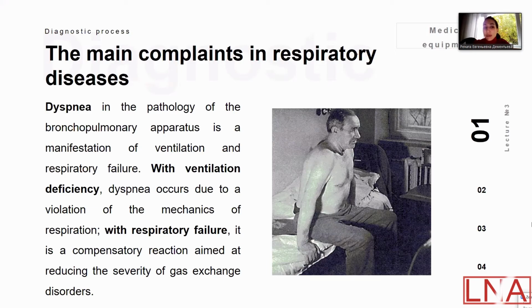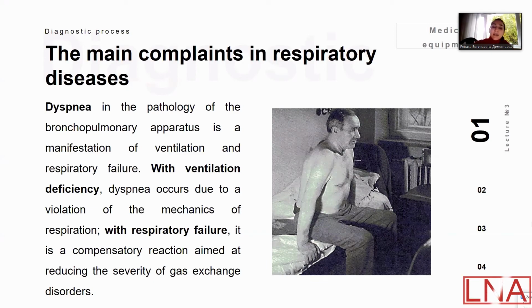Look at this picture. Dyspnea in the pathology of the bronchopulmonary apparatus is a manifestation of ventilation and respiratory failure. But with ventilation deficiency, dyspnea occurs due to a violation of the mechanics of respiration.